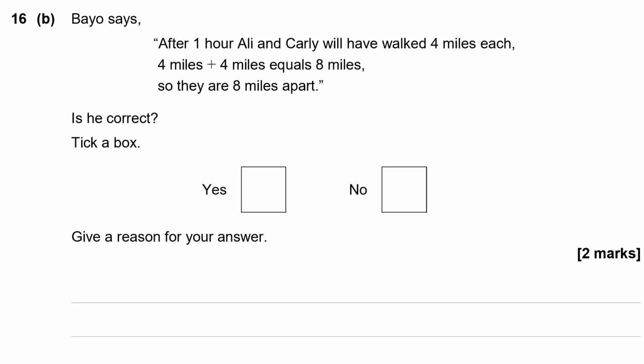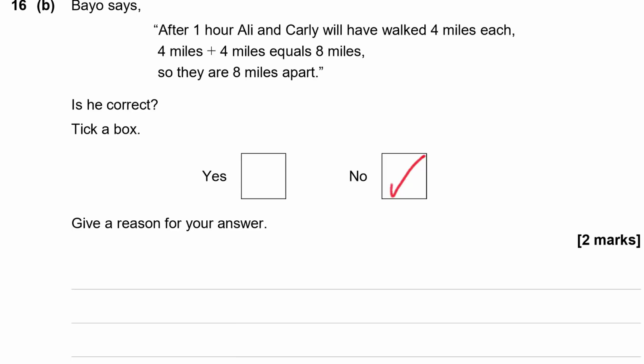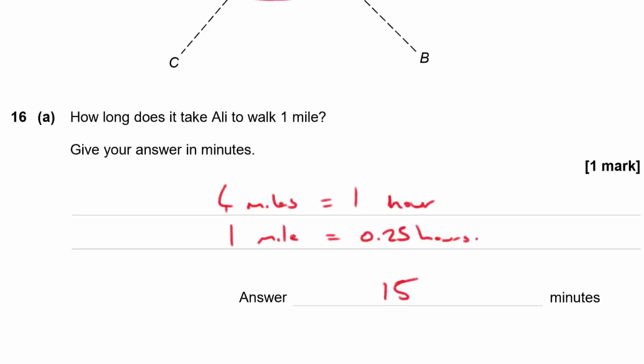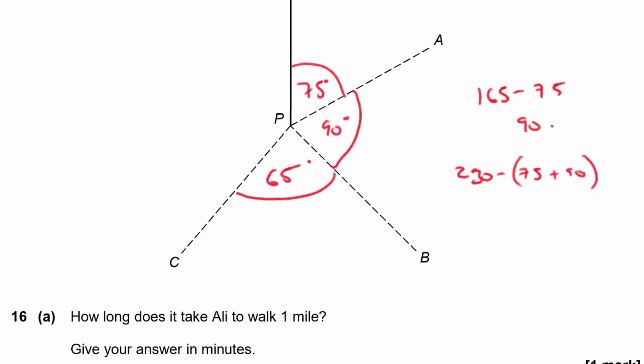Okay. Bayo says, after 1 hour, Ali and Carly have walked 4 miles each. 4 miles and 4 miles equals 8 miles, so they are 8 miles apart. Is she correct? Well, clearly she is not correct, because they would be 8 miles apart only if they were walking in totally opposite directions. So if we had P here and we had A going off in this direction 4 miles and C going off in this direction for 4 miles, then clearly they would be closer than that.